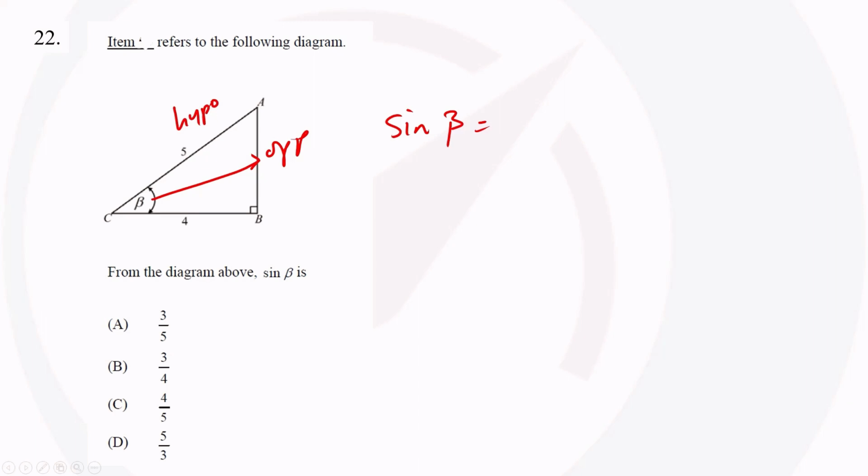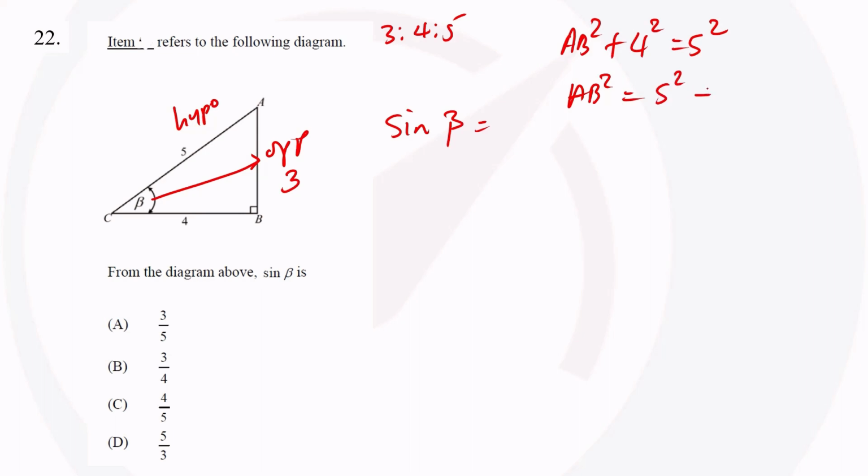We don't know what AB is, but AB falls in the typical 3, 4, 5 ratio. Because we have the 5 and the 4, this must be 3. Or we can do Pythagoras quickly. To find AB, AB squared plus 4 squared is equal to 5 squared. So AB squared is equal to 5 squared minus 4 squared, and AB is equal to the square root of 25 minus 16.